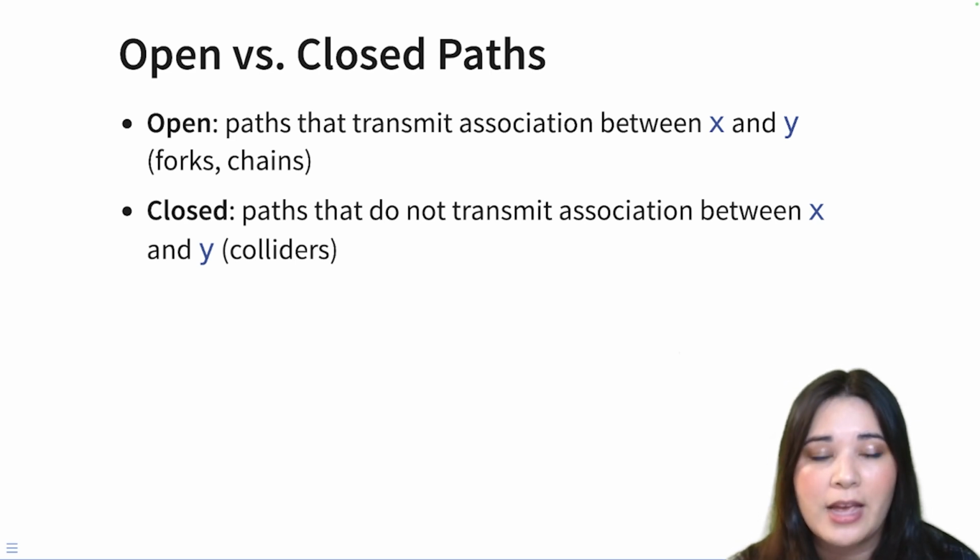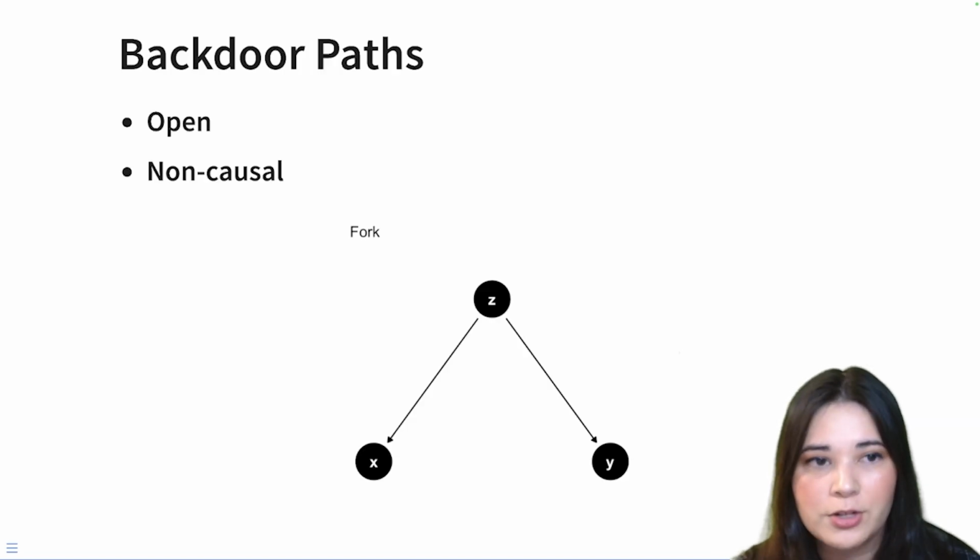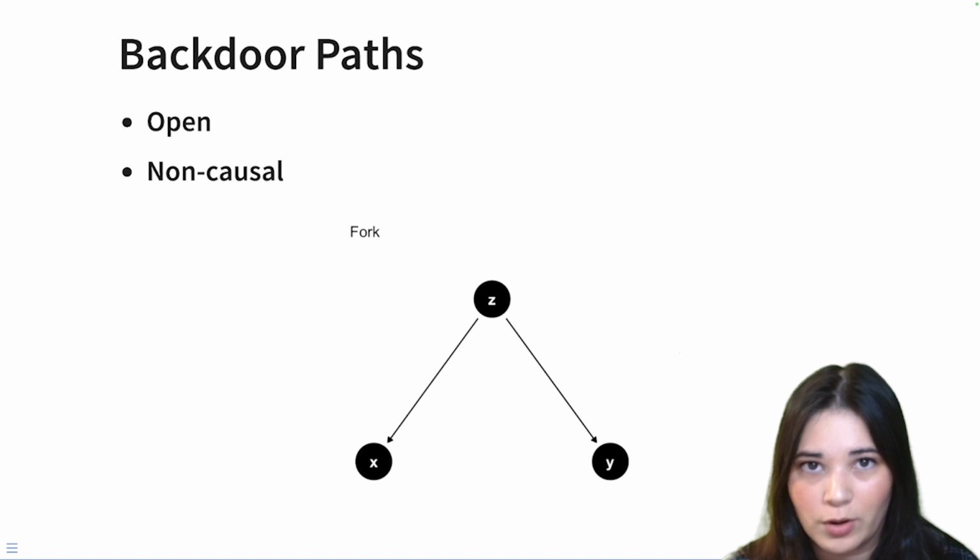Closed paths, on the other hand, are paths that do not transmit association between X and Y. Colliders are a good example of a closed path. As long as we don't condition on the collider, we're not inducing any association between X and Y that's not there directly.